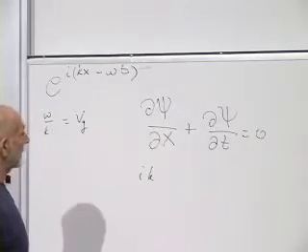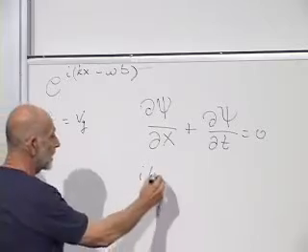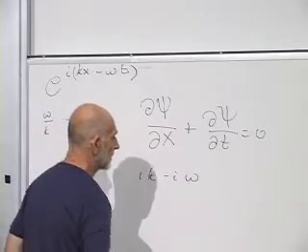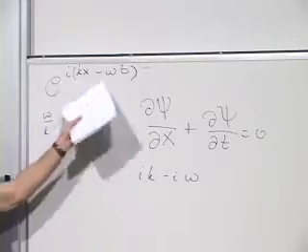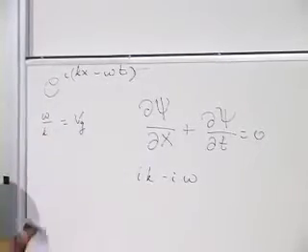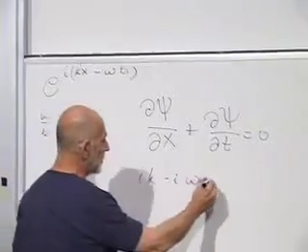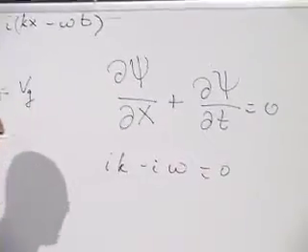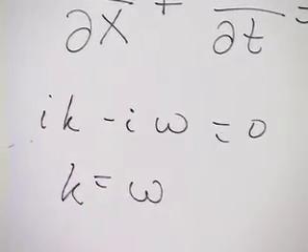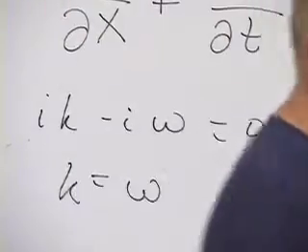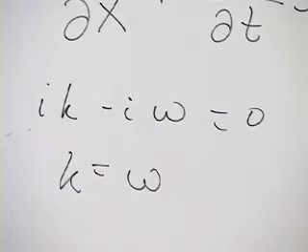Taking a derivative with respect to t pulls down a minus i omega. All of that just multiplies the original function here, and if we set it equal to 0, it just says that ik is equal to i omega, or that k is equal to omega. And that's obviously a wave that moves to the right, as was said.